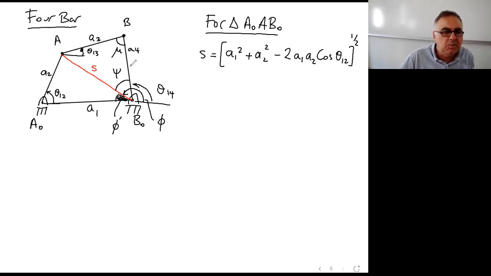So now A1, A2, and S is known. So that phi prime, this angle that is over here, can be found from cosine theorem also.